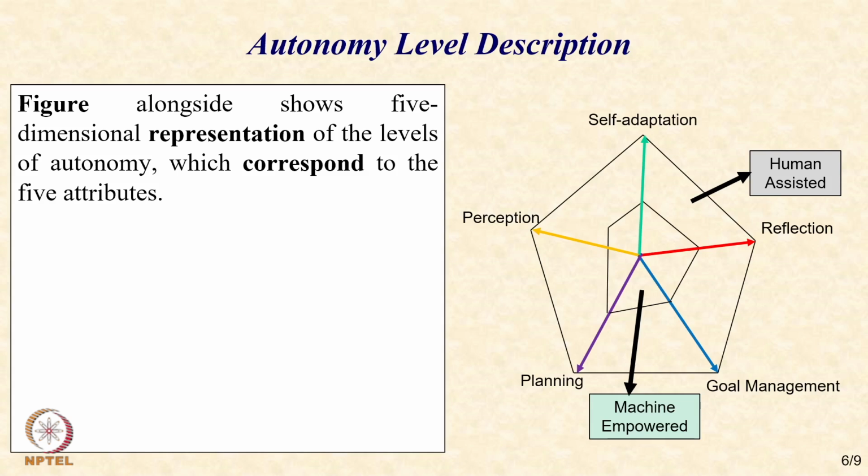So, you have perception on one side, you have reflection, then you have goal management given by the blue arrow, and then you have planning with the purple arrow, and then self adaptation which is the green arrow.